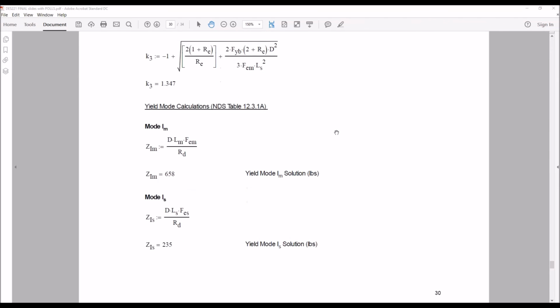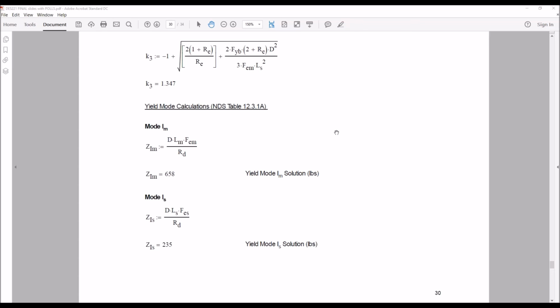But what we do then is that we have gathered all of our inputs and we use them in our yield mode equations that are in NDS table 12.3.1a. And you'll see we have 4 different modes, modes 1, 2, 3, and 4. And in those modes, there are kind of sub-modes.